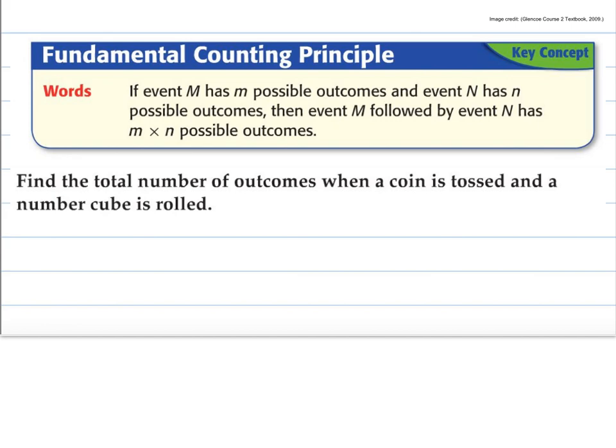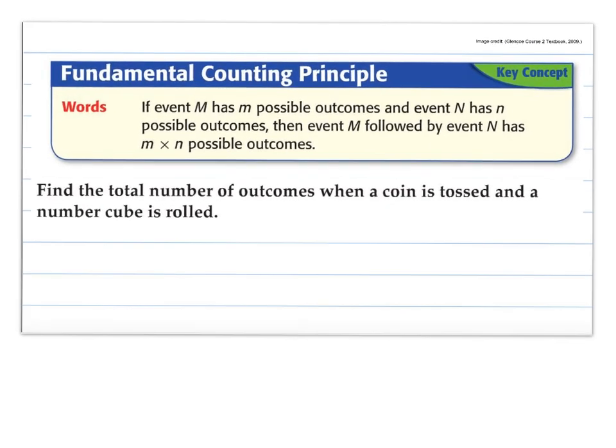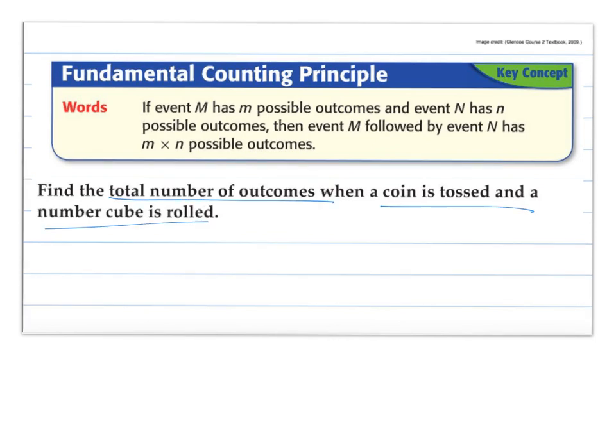So one thing to make this easier, which I know all of you love, writing less, so let's show you. I'm really jazzed up about this option. It's called the fundamental counting principle. So it just means that you can multiply the outcomes for each event together, and that'll give you the total. So for example, if we're looking for the total number of outcomes if a coin is tossed and a number cube is rolled, for a coin, I have 2 outcomes, heads and tails.